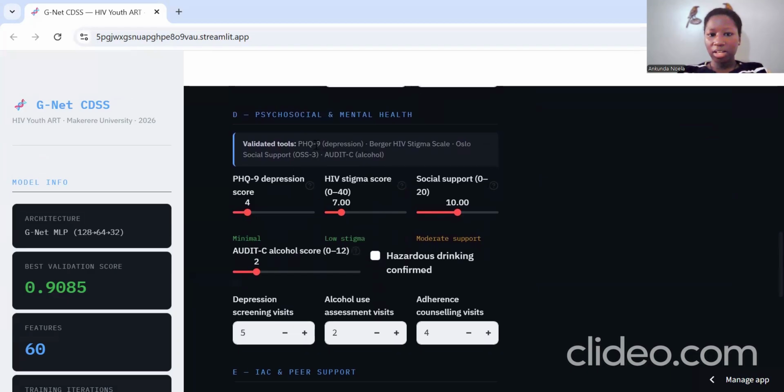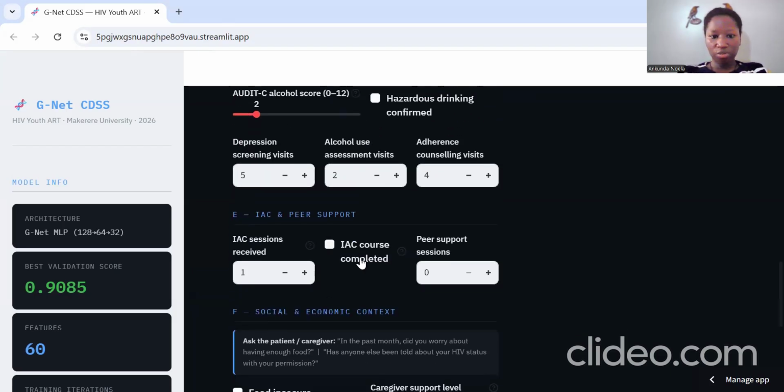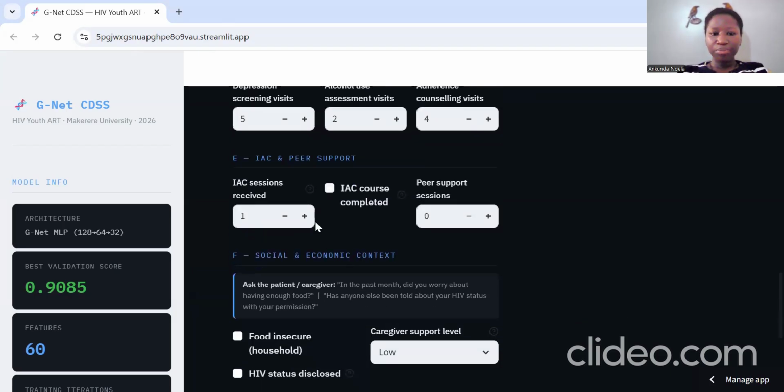And then under the psychosocial and mental health, depending on the patient you're dealing with, the depression score is 6. These remain like that, you can change if you want. And then the counseling and the peer support sessions, say there is one missed, 2 received.